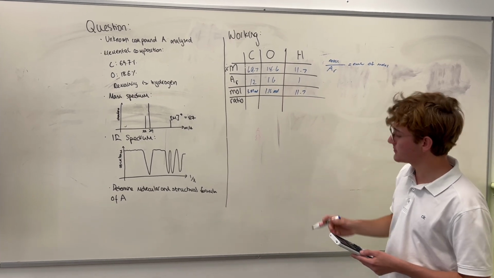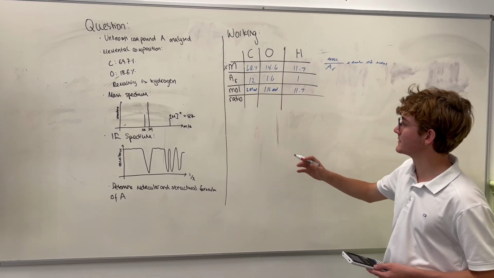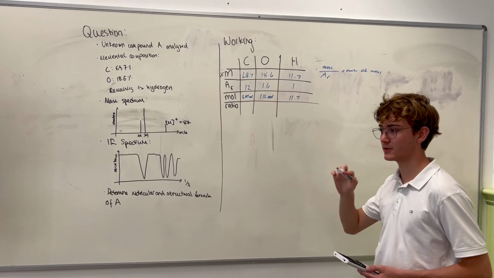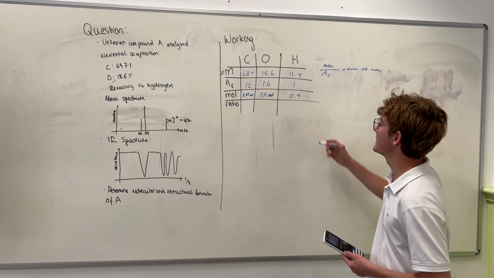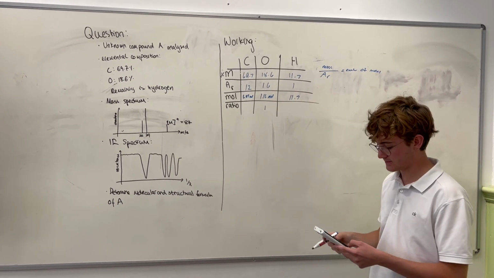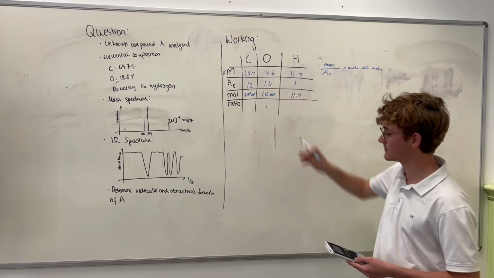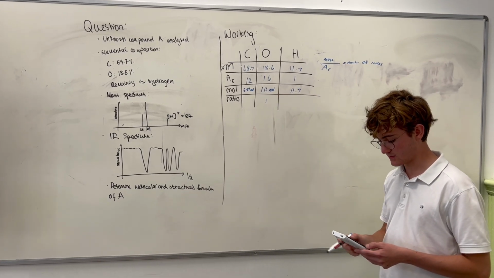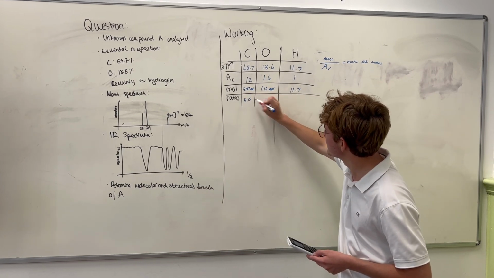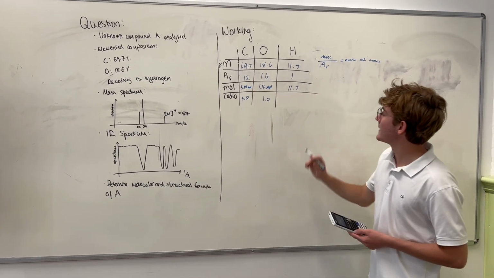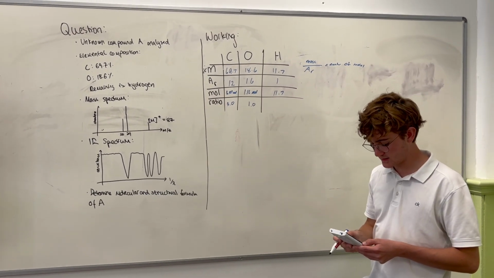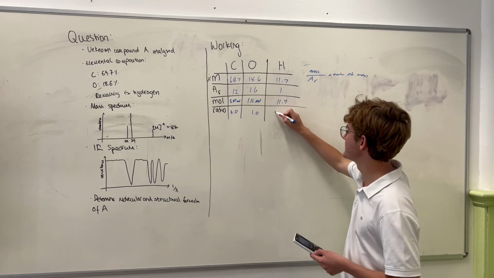Now we want to figure out the ratio to find out the empirical formula, which is literally just the ratio of atoms. 1.16 will be 1, hopefully. Now we're going to do 5.81 divided by 1.16, which gives us 5.0. And 11.7 divided by 1.16 gives us 10.0, or 10.1.